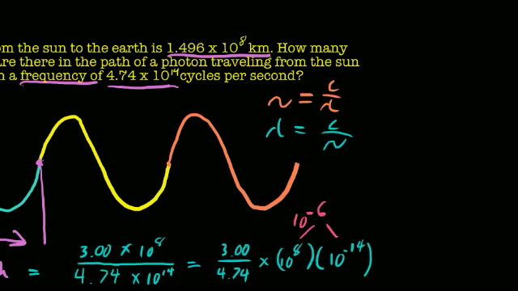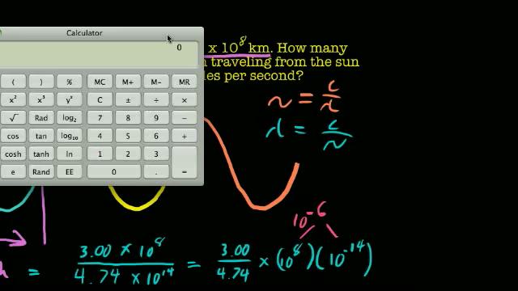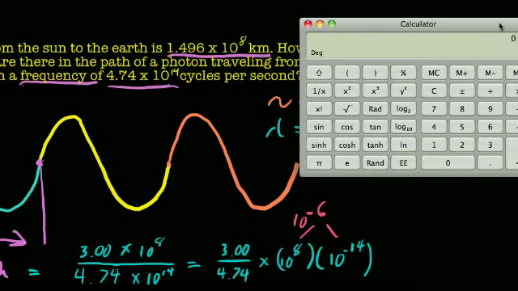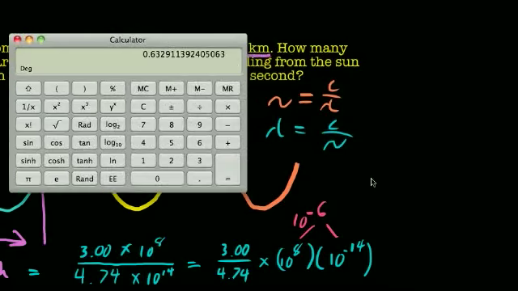So now I think we're ready to go and get out the calculator. There's my calculator. Okay, so we've got 3 divided by 4.74, and we get 6.329. So 6.329 times 10 to the minus 6.